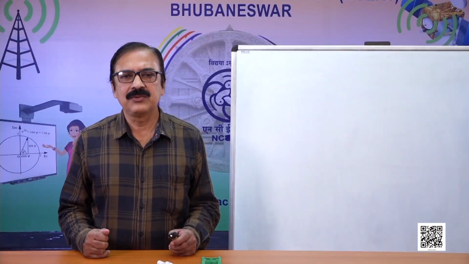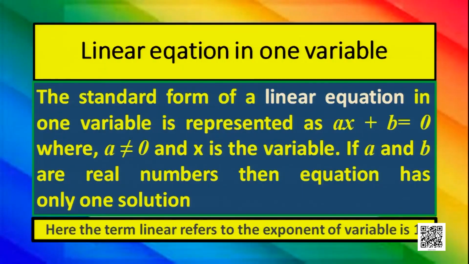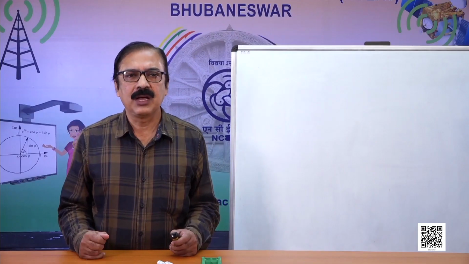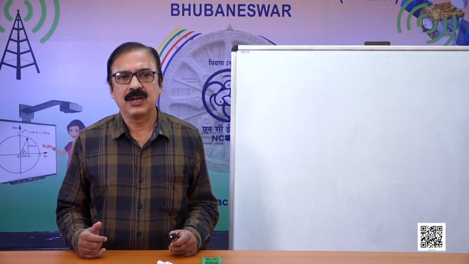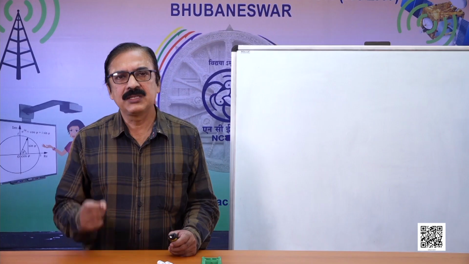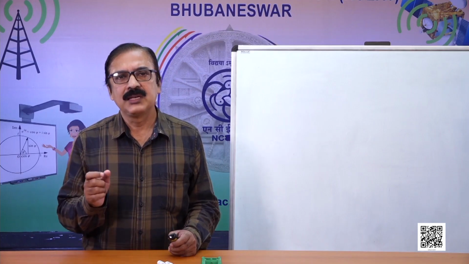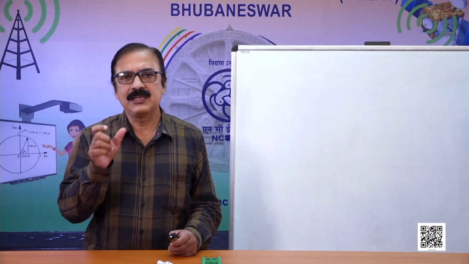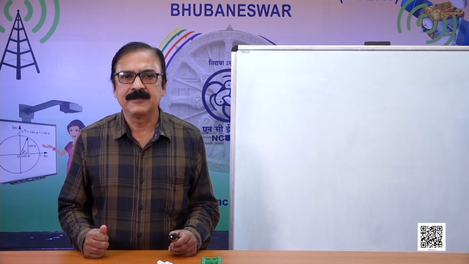Then what is the solution? The solution is x is equal to minus b by a, as the term linear refers to the exponent of the variable being 1. Okay. Now let's consider what solving is. The process of finding this unique value. Unique value means it is the only value for which the algebraic statement is satisfied.